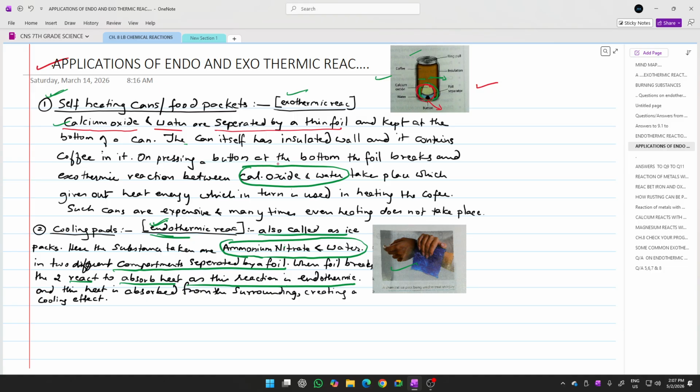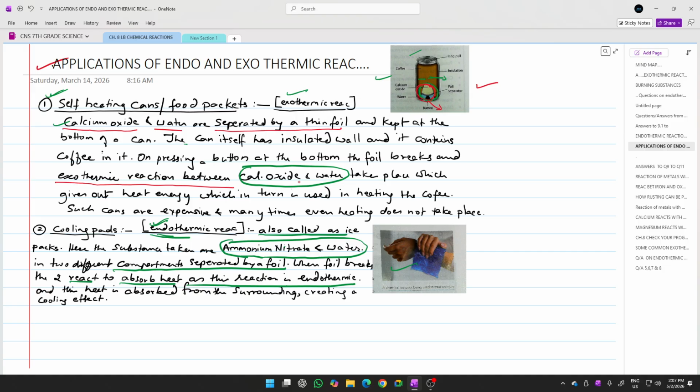An exothermic reaction takes place between the calcium oxide and the water, because now the foil is broken and they mix together.